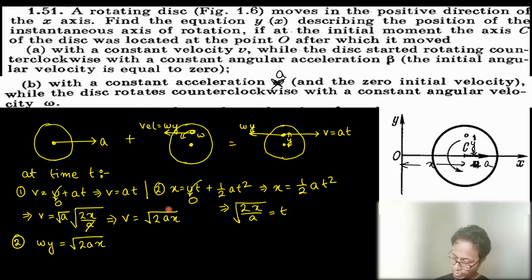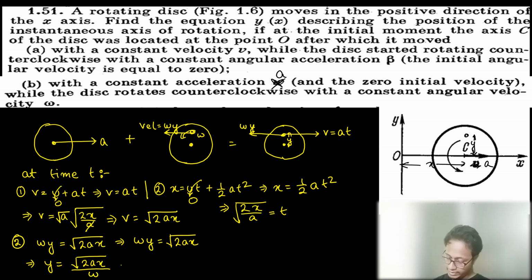Okay, you obtain the translational velocity out here. So omega into y is equal to under root of 2ax, or y is equal to how much? Under root of 2ax by omega.